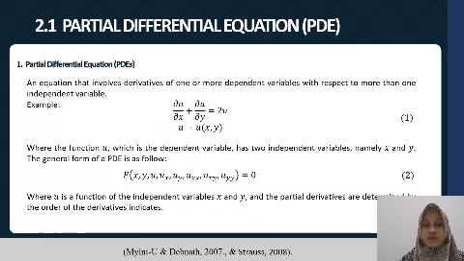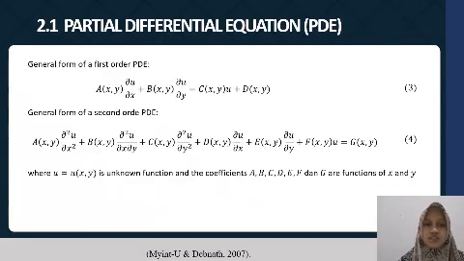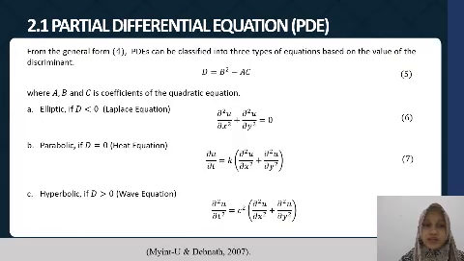The general form of a PDE is as follows: two equations. The general form of a first-order PDE we can see in the third equation, and the general form of a second-order PDE we can see in the fourth equation, where u equals u(x,y) is an unknown function and the coefficients a, b, c, d, e, f, and g are functions of x and y.